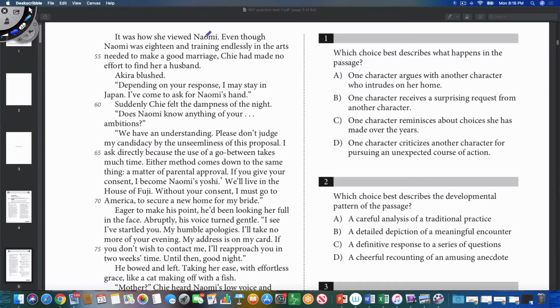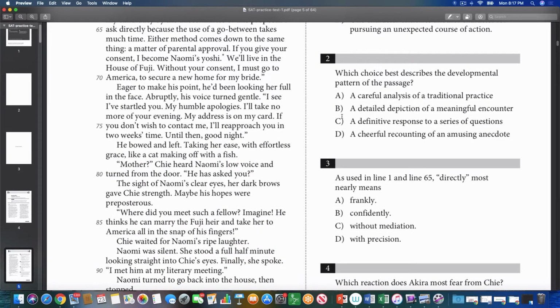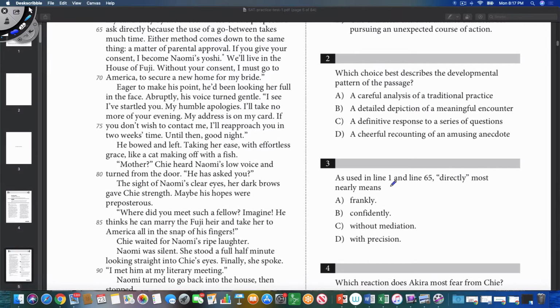Now, for the local questions, like question number 3, I know that it concerns the word directly in lines 1 and 65. So what I do is I'll go back to line 65 over here. The word directly has been used, so I will come here, and this is question number 3.